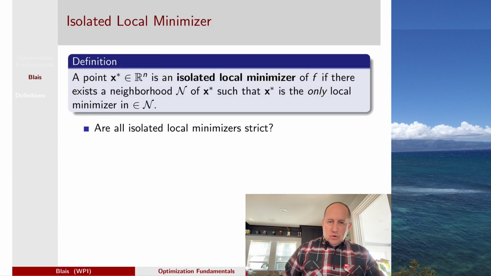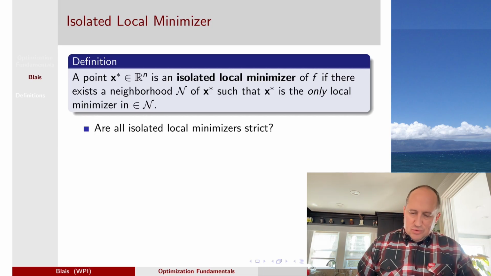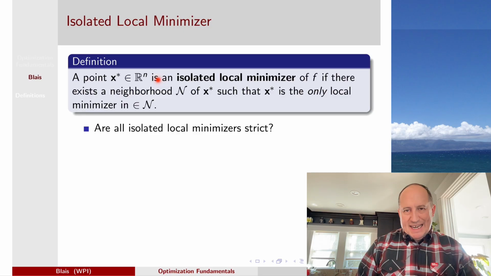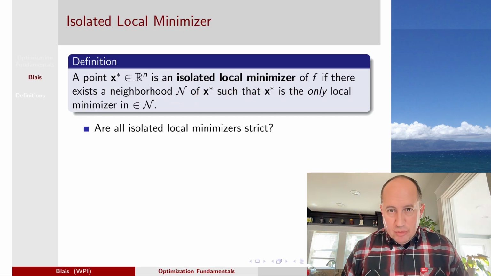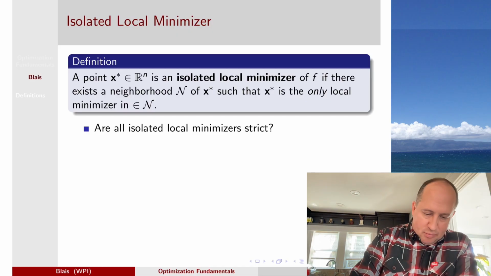Finally, our last topic is going to be that of the isolated local minimizer. So a point x star in Rn is an isolated local minimizer of f if there exists a neighborhood N of x star such that it's the only local minimizer in that neighborhood. So think of the picture.